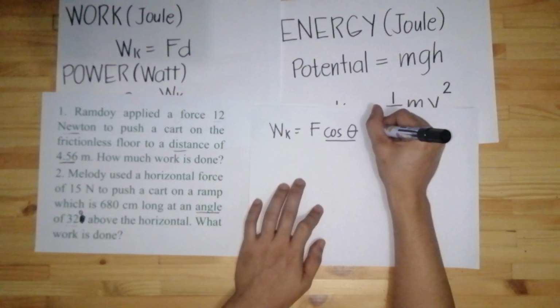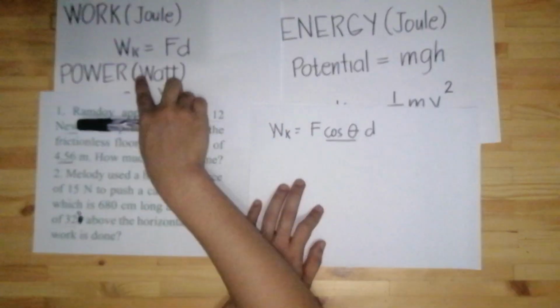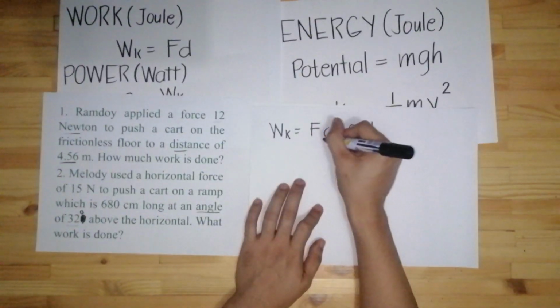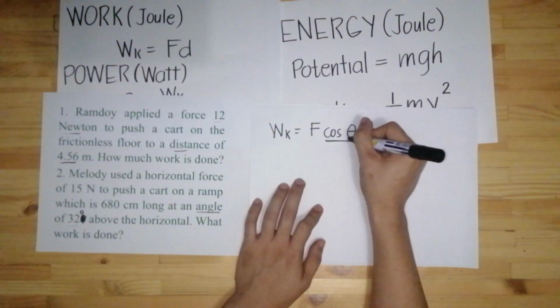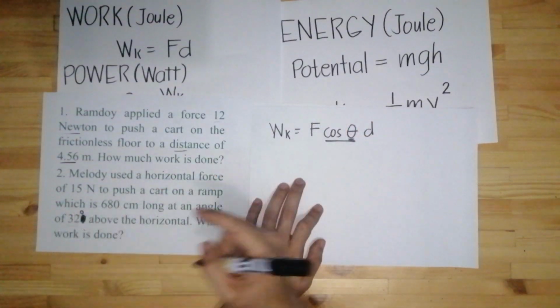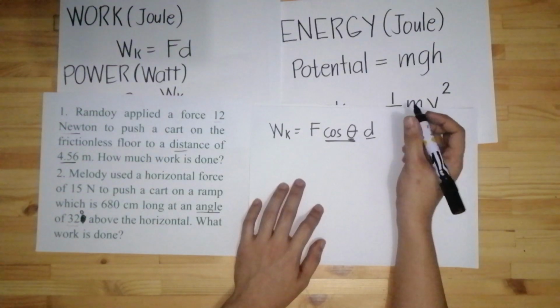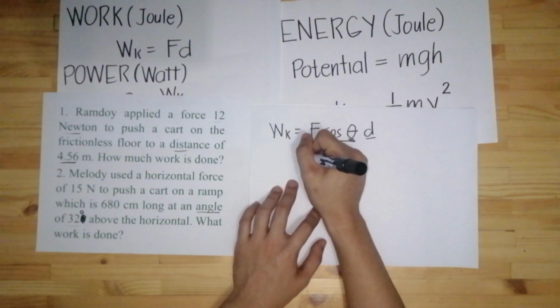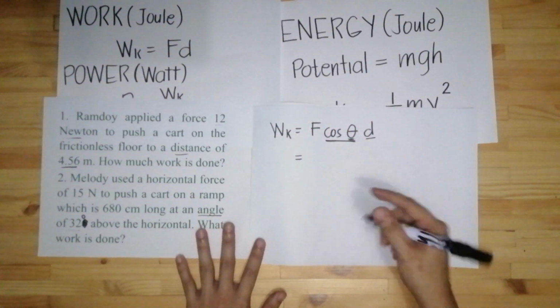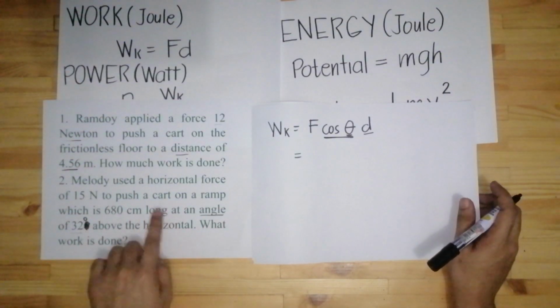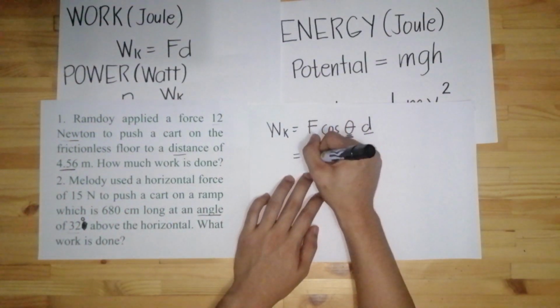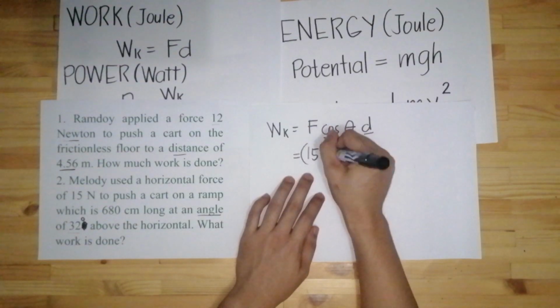Then, i-times nyo lang ulit dun sa distance. Yung theta, yun yung angle na binigay, 32 degrees. Then, what is the given force dito? The given force is 15 Newton. So, yung F, palitan natin ng 15 Newton.